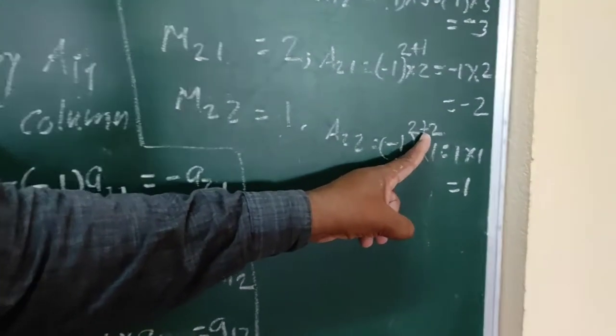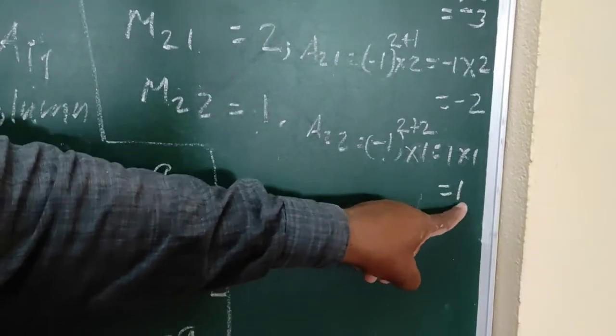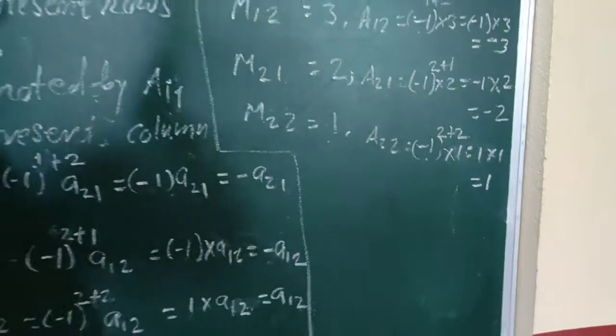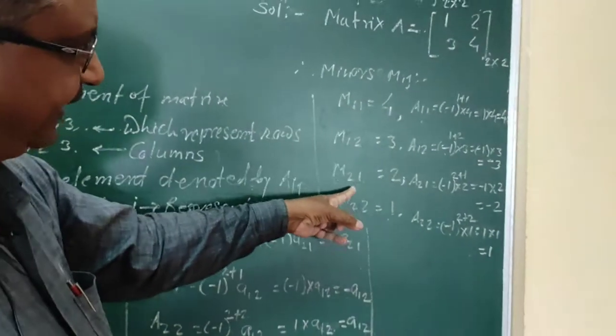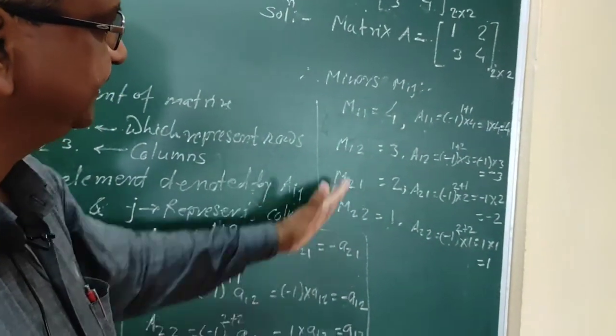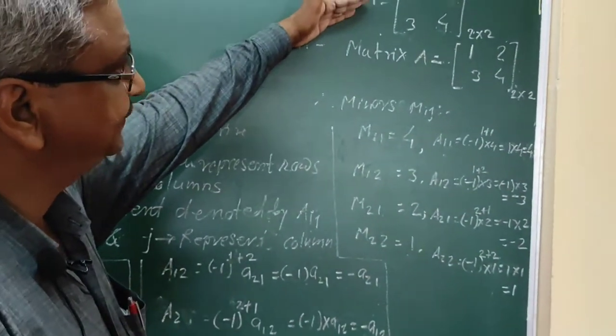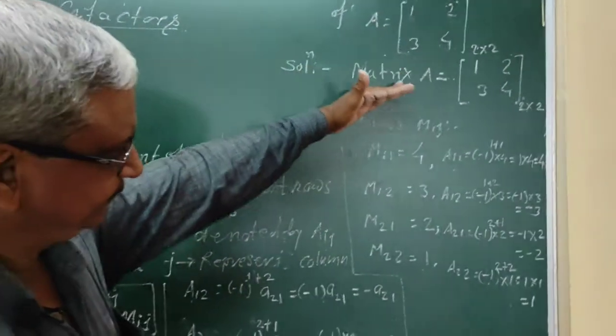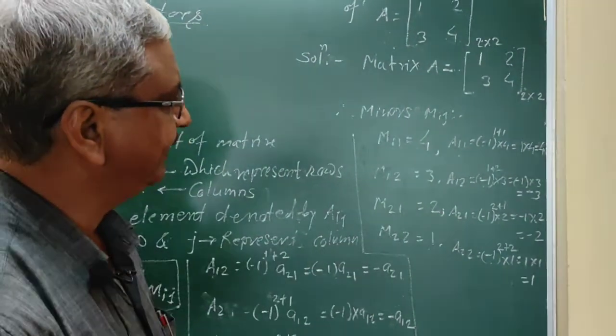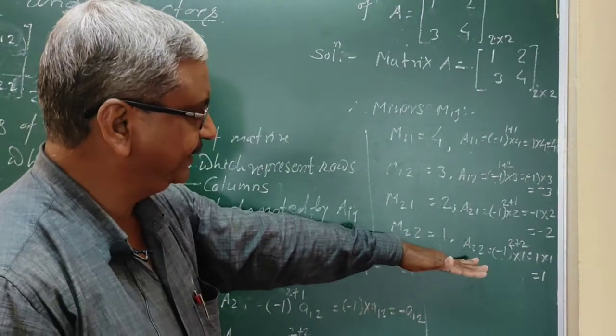Minus 1 raised to the power 4 is 1, and 1 into 1 is 1. So in this way we can find the minors and cofactors of the elements of the given matrix. This is the process of how to find the minors and cofactors of the given matrix.